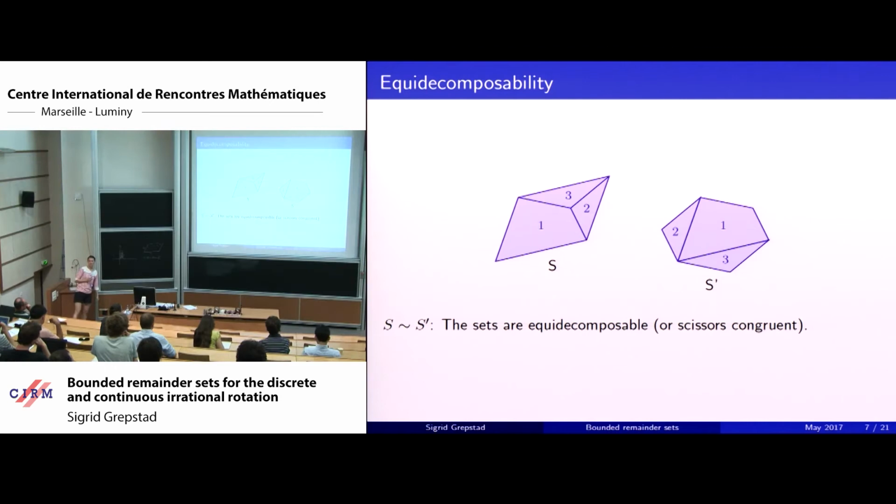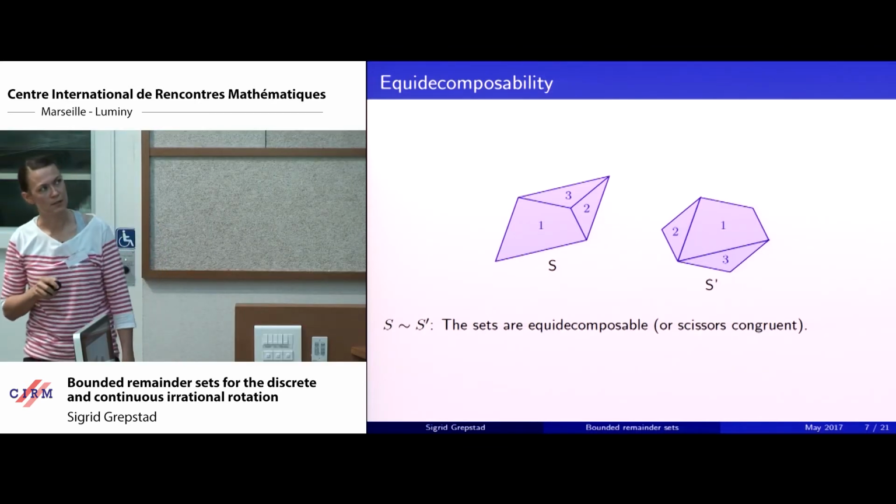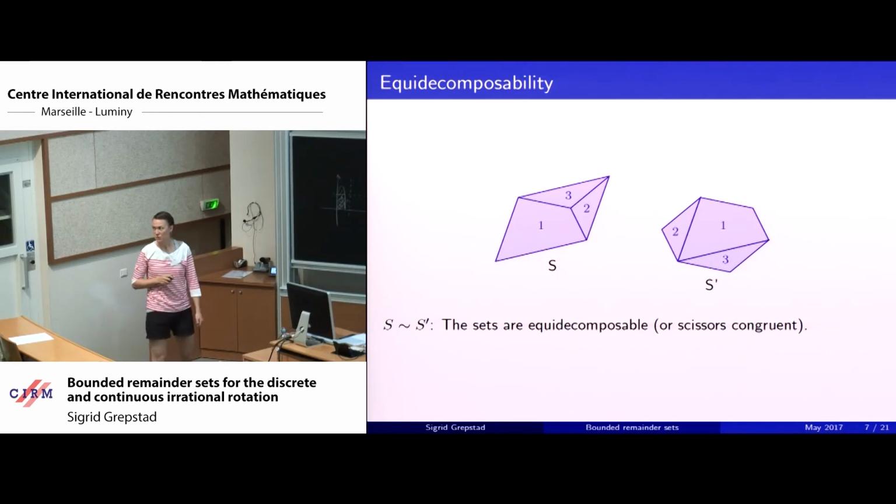So I'm going to say that two sets, S and S prime, are equidecomposable or scissors congruent if I can take one of the two sets, say S, partition it into finitely many measurable subsets, and rearrange them using rigid motions to get the other set, S prime. And if I can do that, I'm going to use this tilde notation to indicate that that is the case.